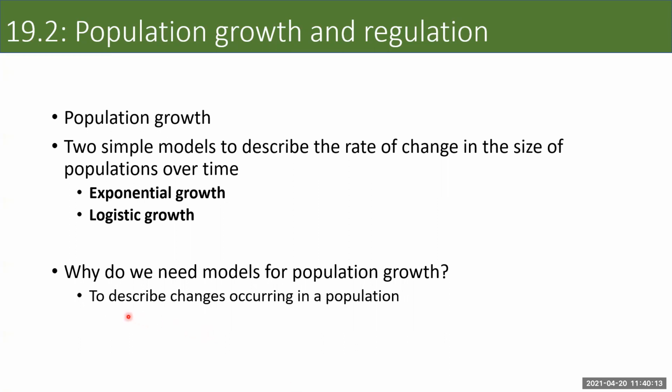First, maybe we want to just describe changes occurring in a population, so we can understand how that population is changing a little bit better. And if we understand how a population changes currently, we can use that to determine how that population is going to change in the future, which is super important if you're trying to conserve a species and maintain a specific population size.